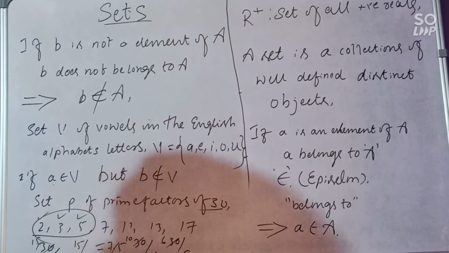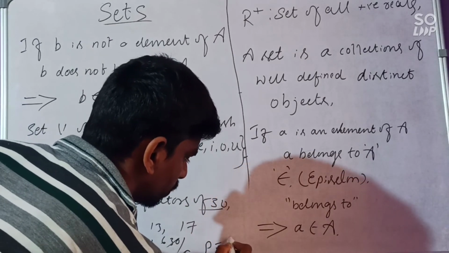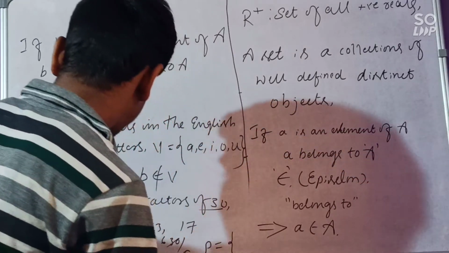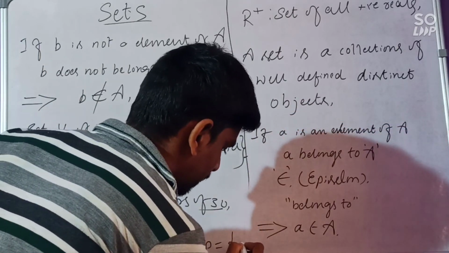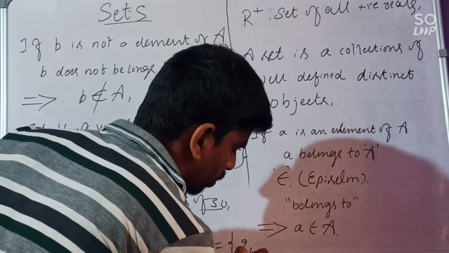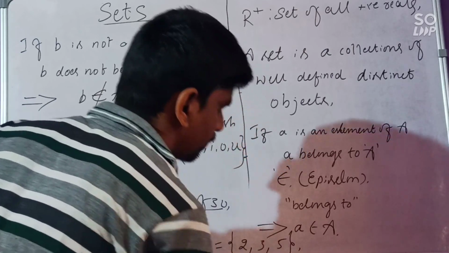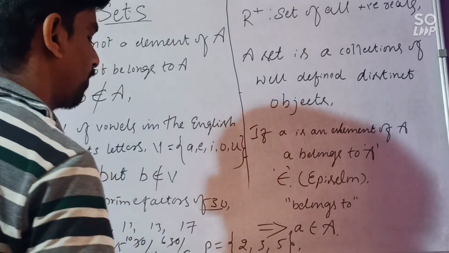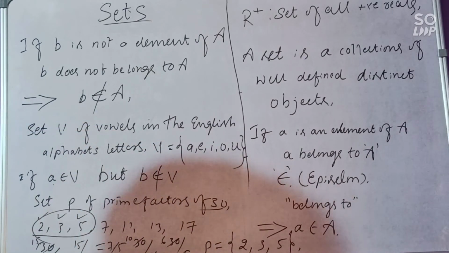Now set P is equal to the set of all prime factors of 30 only: 2, 3, 5. This is the set of prime factors.